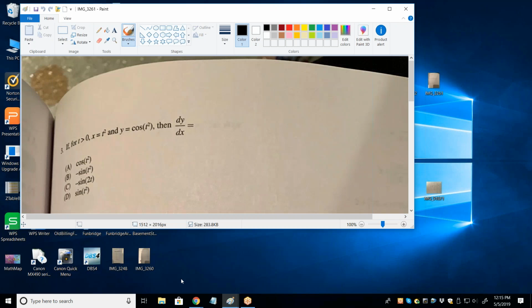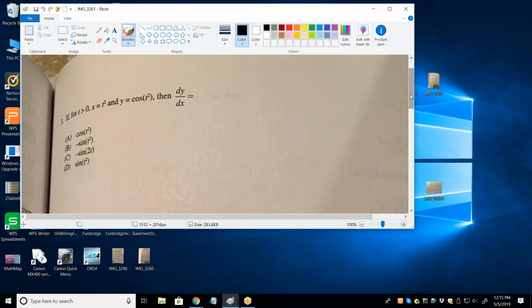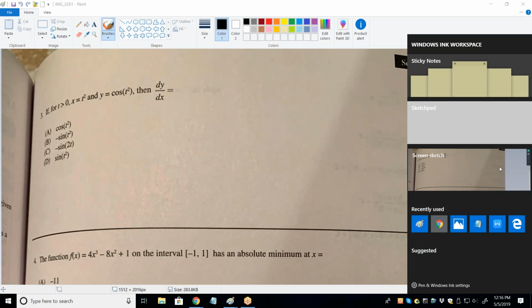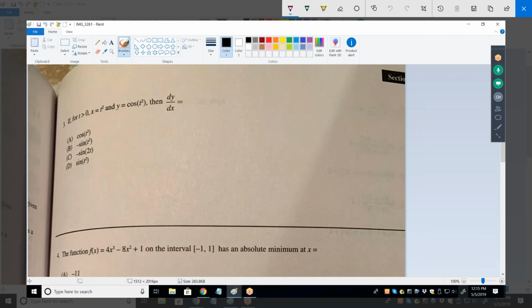I'm just going to go in the order that you photographed them. Let me open this up. Remember how to do parametric derivatives?